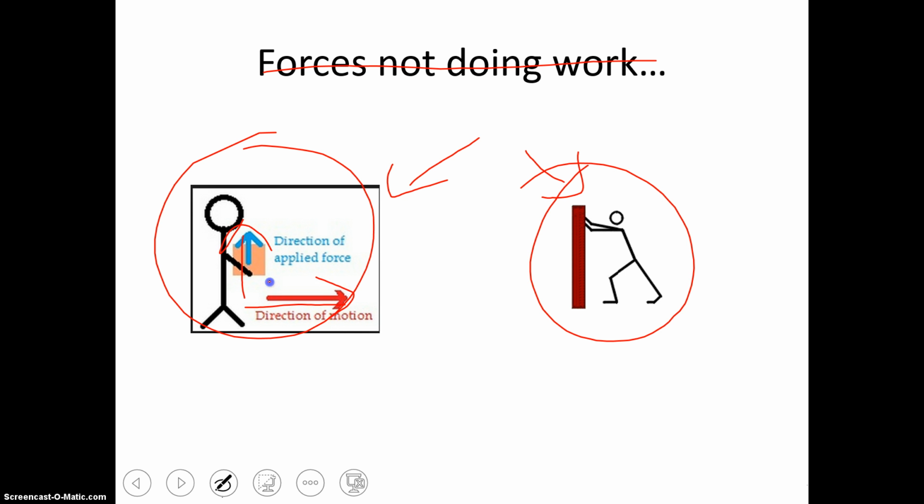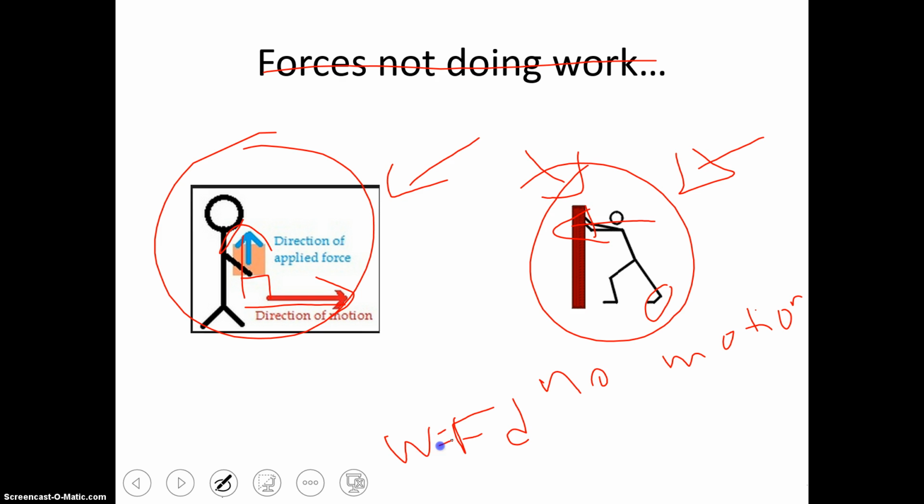Up and to the right are perpendicular, and perpendicular forces do not do work. This guy, there is no motion here. I imagine that this person is probably holding a door closed or pushing against a wall, maybe he's stretching his foot, something like that. He's not doing any work by this force that he's applying against the wall because the wall is not moving. So if you were to do work equals force times distance, there's no distance, there's no work.